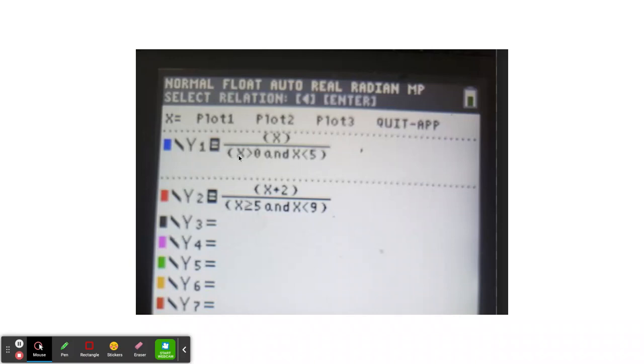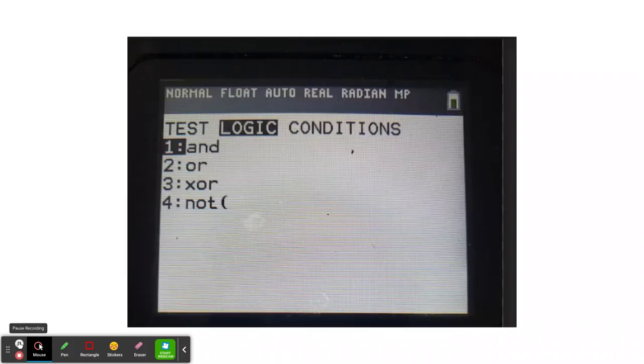So I put in x, and you go to second math, and you get the inequality sign. So x is greater than 0. And then for the "and," you do second math, and then scroll to logic. If you press second math, scroll to logic, you'll see "and." So make sure you put the "and" in there so the calculator knows what's happening.